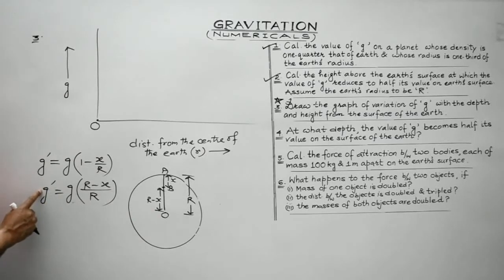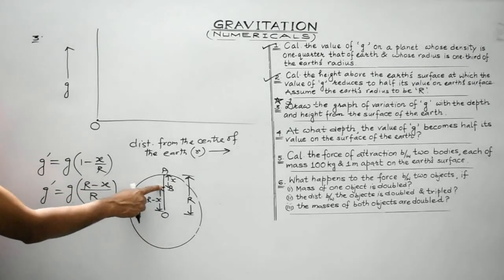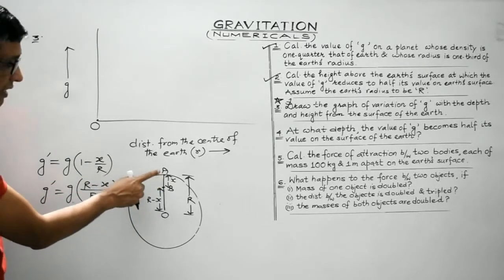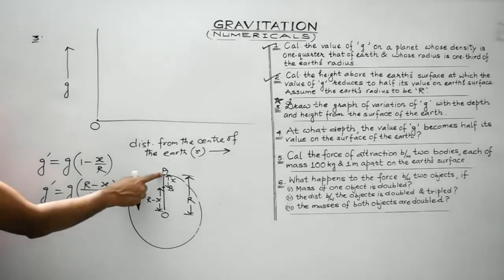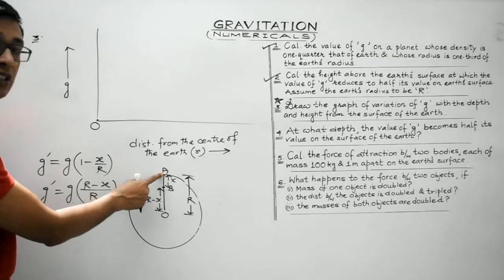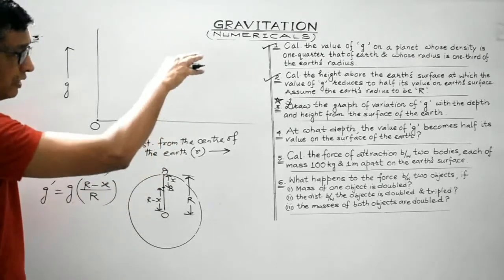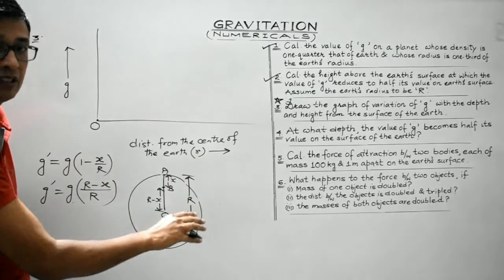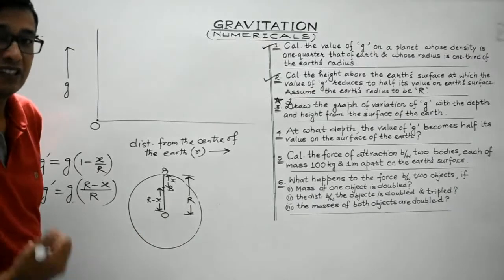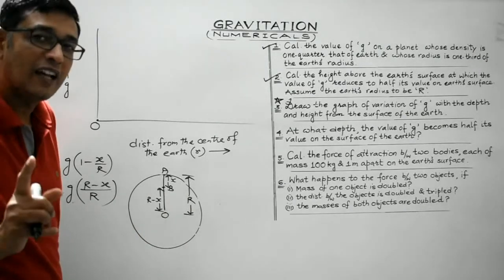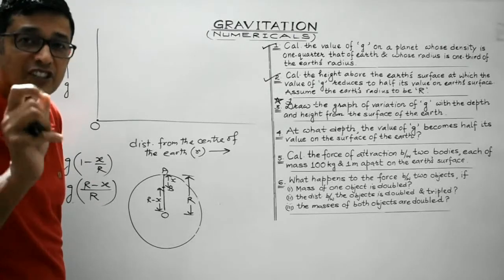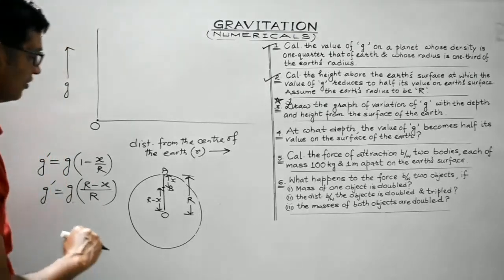This is, students, the value of acceleration due to gravity at point B, which is at a depth x below the earth's surface. g is the value of acceleration due to gravity at point A, that is on the earth's surface, right? With the increase in the depth, the value of small g decreases. And we have discussed, at the center of the earth, the value of acceleration due to gravity is 0. This we have mathematically verified, right?